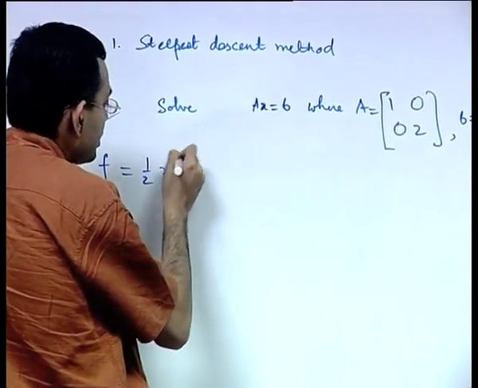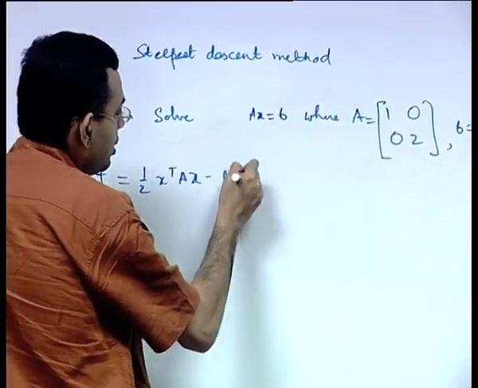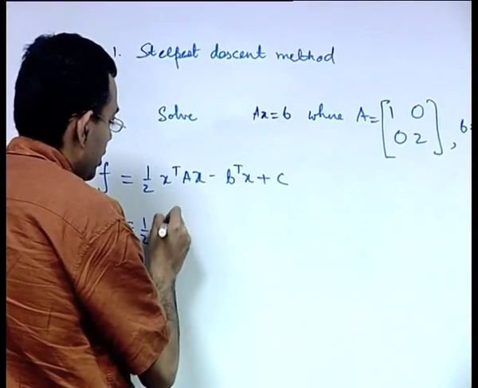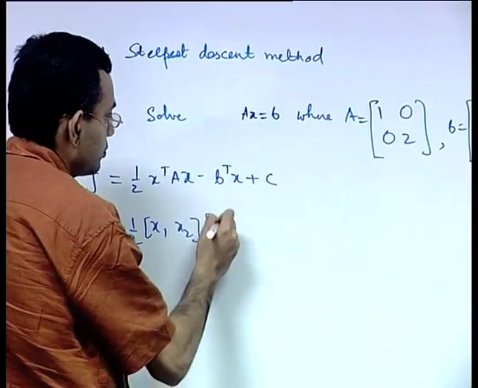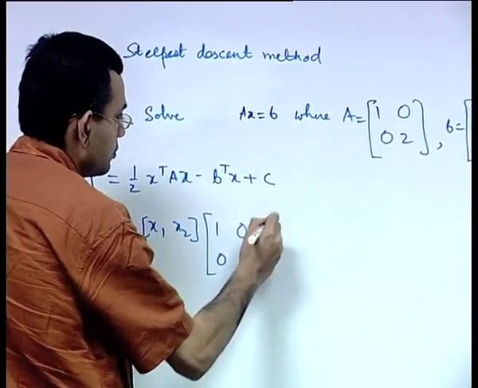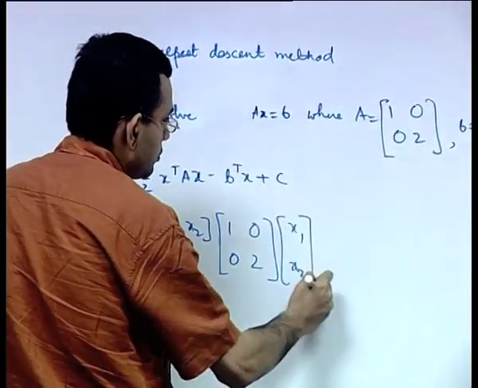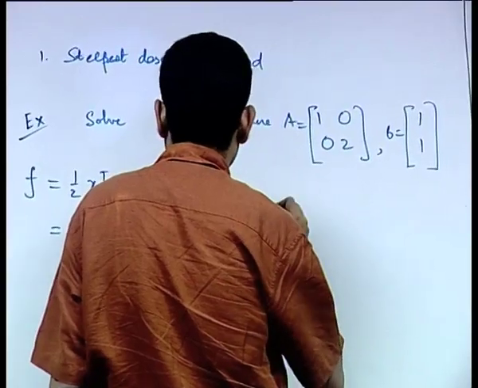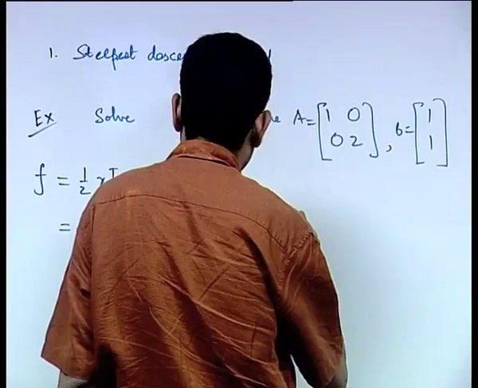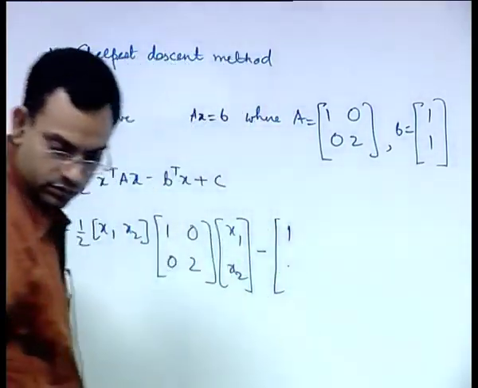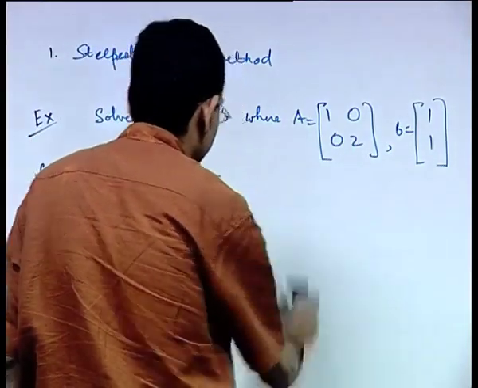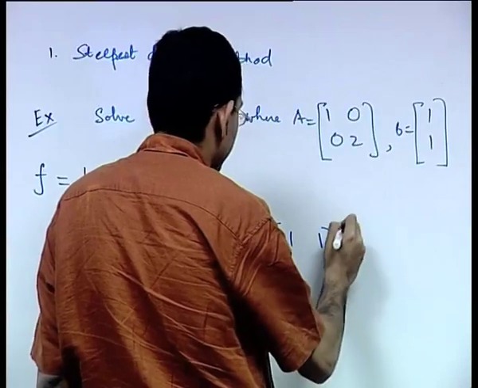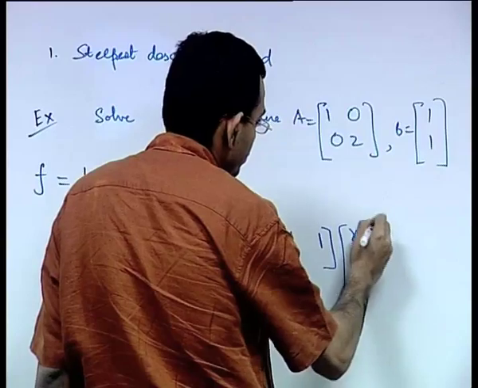Half x transpose x minus b transpose x plus c. So, half x1 x2 minus 1 1 x1 x2 plus c.